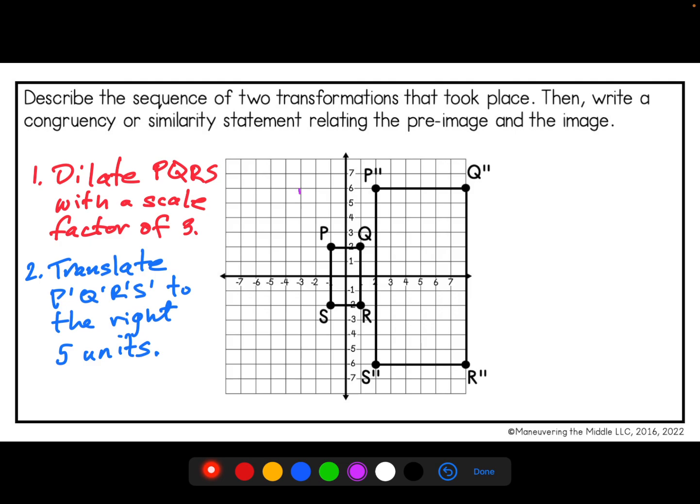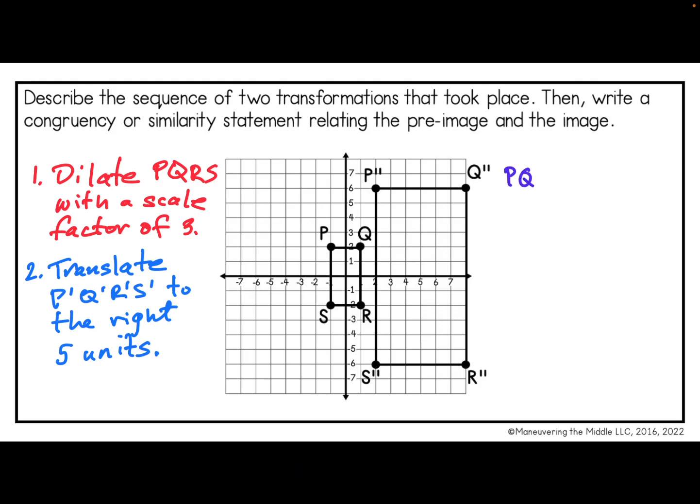So we'll come from here over to here, 5 units. Everything will be shifted 5 units to the right. And of course, because it's a dilation, it's similar.